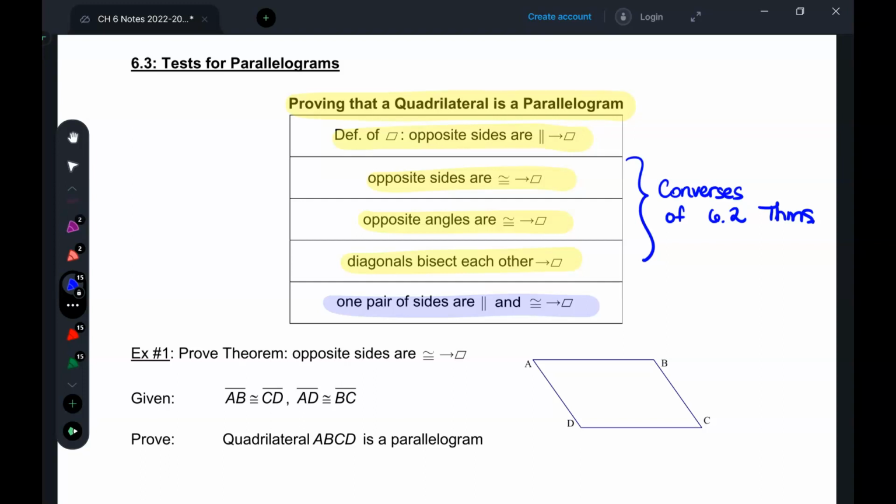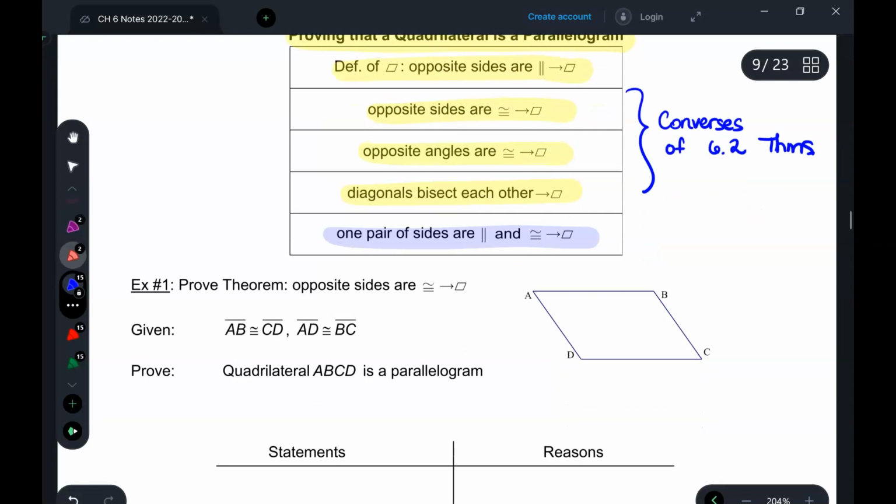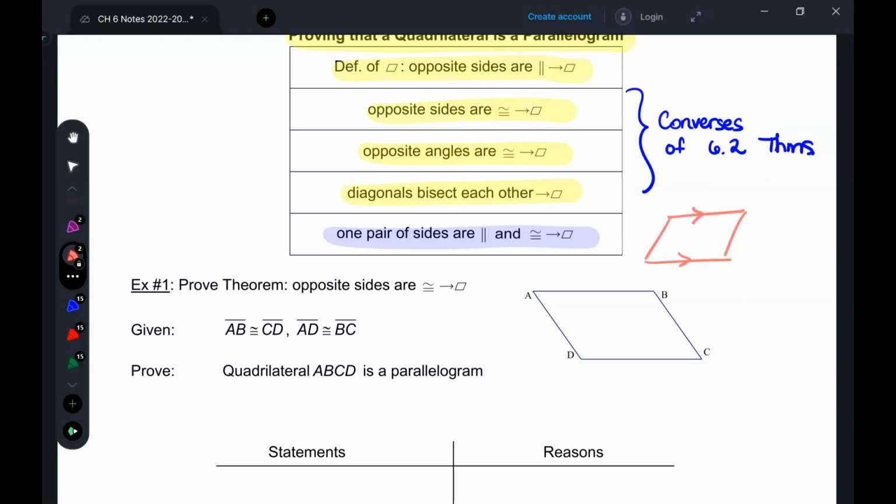If you have one pair of sides, let's say these sides are parallel, and if they're also congruent, that proves that it's a parallelogram. But they have to be parallel and congruent. It has to be the same pair of sides.